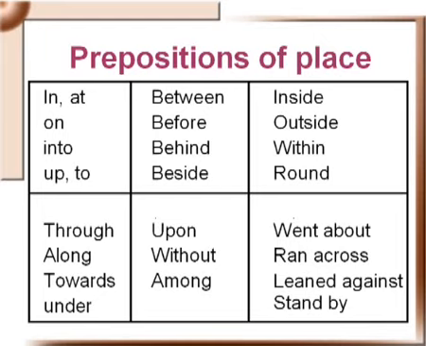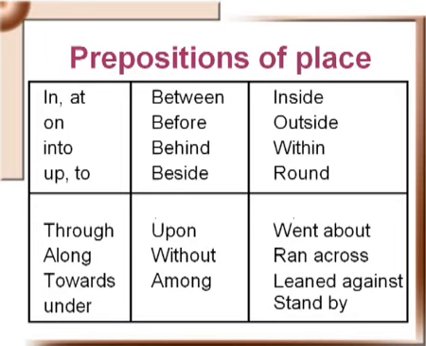Into, which suggests the movement from outside into a bag, into a car, into a bus. Up and to. At the bottom of the page, to the left, we have some prepositions which suggest movement. Words like through, along, towards, under.